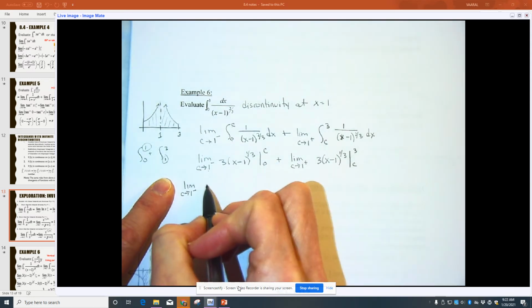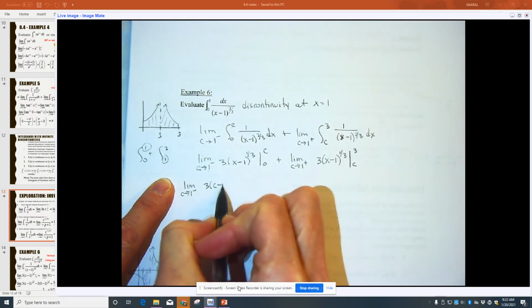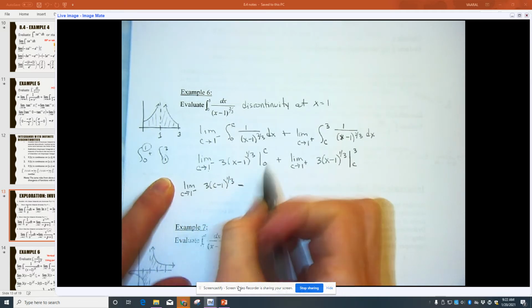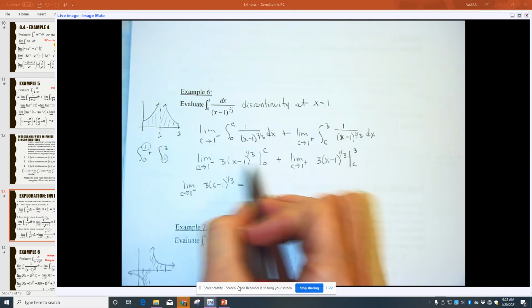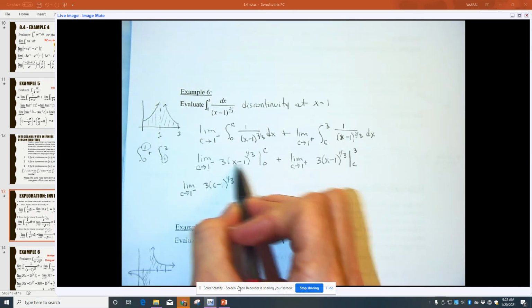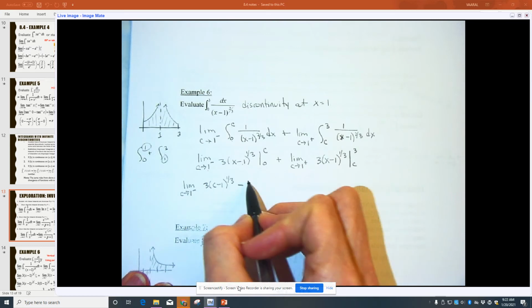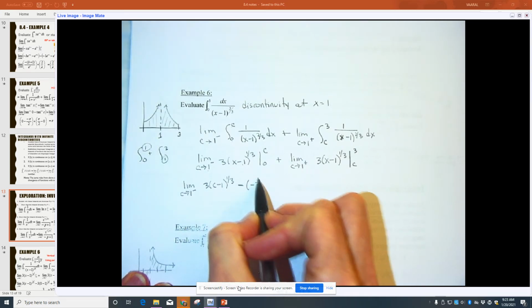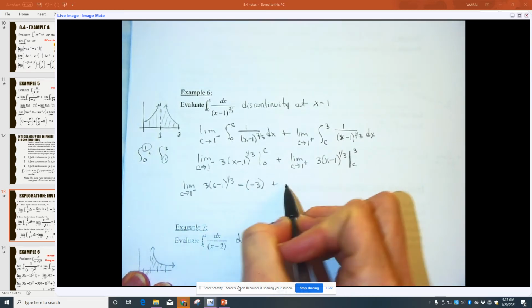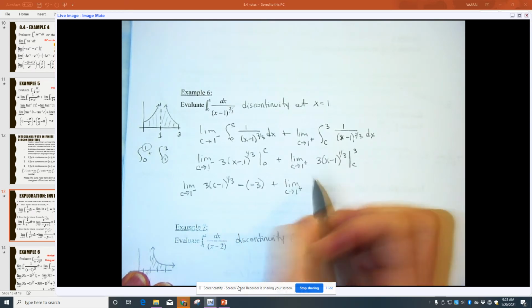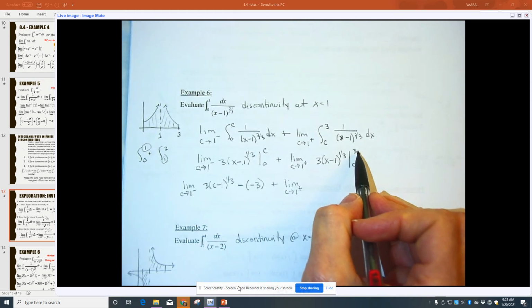Plugging in c, so I would have 3 times c minus 1 to the 1/3 minus, if I plug in 0 here, if x is 0, I'm going to have negative 1 to the 1/3, which would just be negative 1 times 3, so I would have negative 3, plus limit c approaches 1 from the right, so I'm plugging in 3 first.